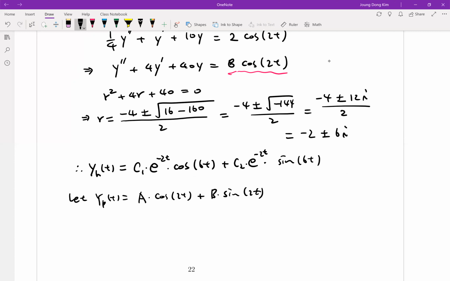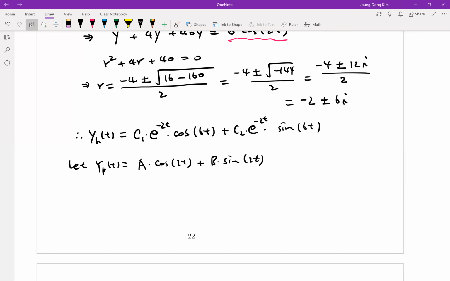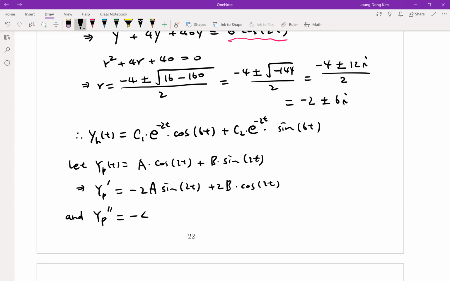To use the undetermined coefficient method, we need y prime and y double prime, right? So yp prime is minus 2a sine 2t plus 2b cosine 2t, and yp double prime is equal to minus 4a cosine 2t minus 4b sine 2t.